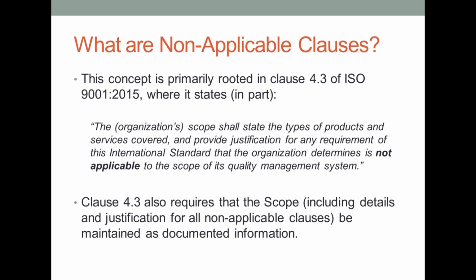Now 4.3 goes on to state that the scope itself, including those details and justification for non-applicable clauses, be maintained as documented information. It's actually one of the few mandatory maintained documented information statements in the ISO 9001-2015 standard.